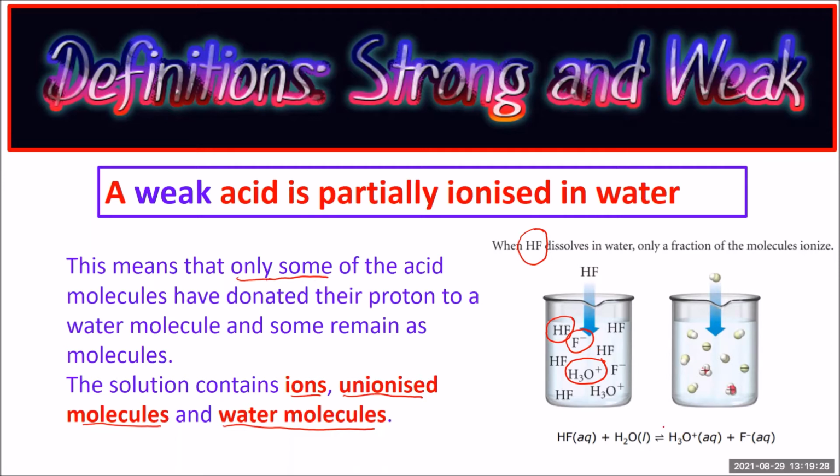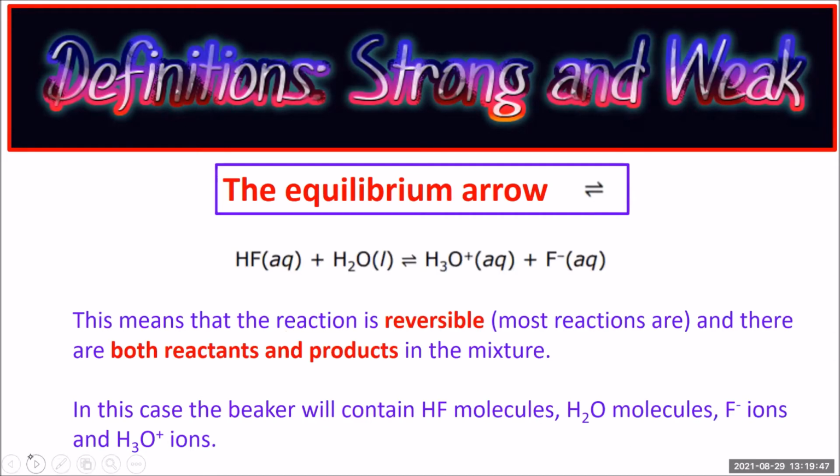So if we have a look at this special arrow that we use when we're dealing with the ionization of a weak acid, we use this special arrow to show that the reaction has not gone to completion. This arrow is called an equilibrium arrow, and it just means that the reaction that we're looking at is reversible.